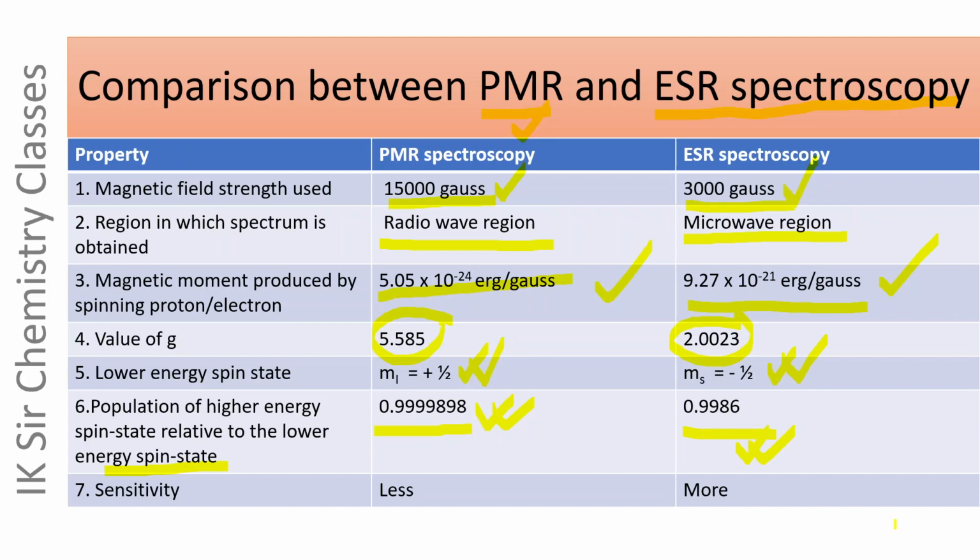Sensitivity: PMR spectroscopy is less sensitive due to a smaller difference in the population of higher energy level and lower energy level, while the ESR spectrum is more sensitive due to greater difference in population of higher energy level and lower energy level spin states.